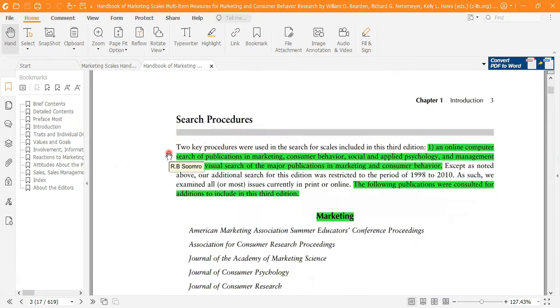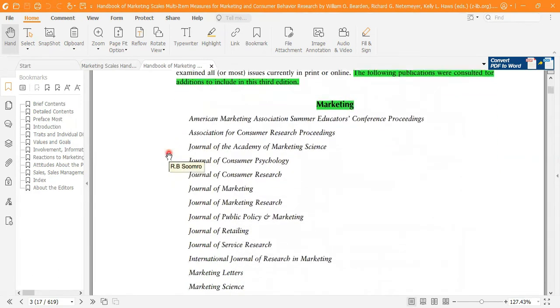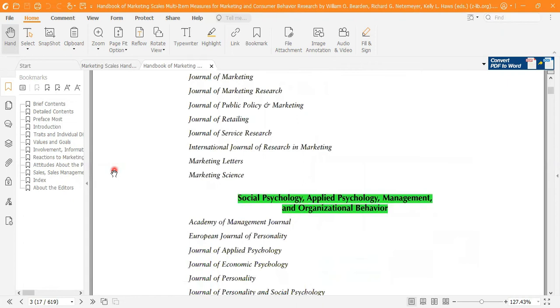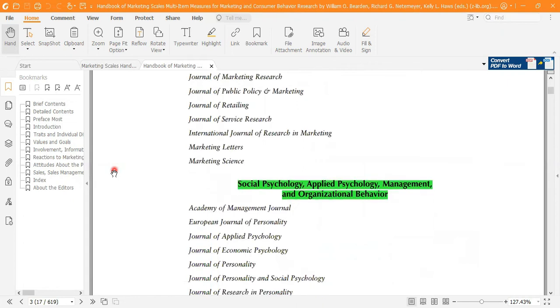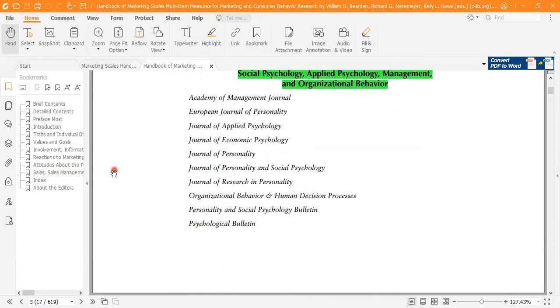Now, about the sources: there is a big list of marketing journals from which these constructs have been adopted, and also social psychology, applied psychology, management, or OB journals. These are some of the journals from where these scales have been adopted.